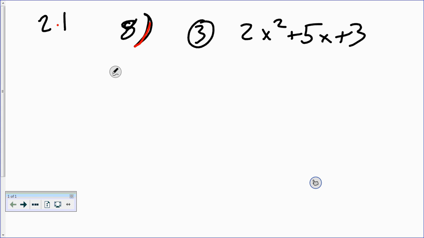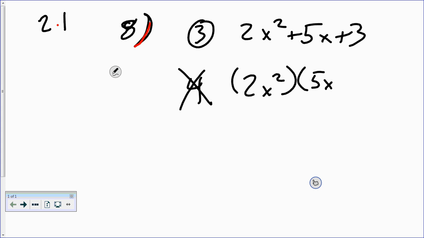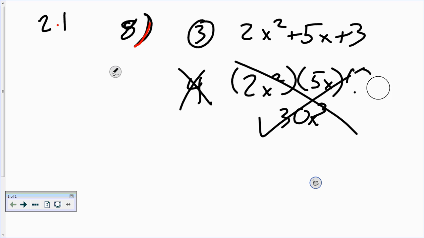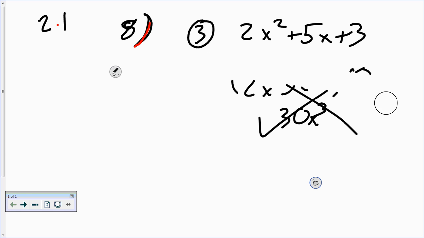The only other confusing answer, which is not 4, is this one: 2x squared times 5x times 3. This is not a trinomial, because we can just multiply straight across. 2x squared times 5x is going to be 10x to the third, and that's going to be 30x to the third. This is a monomial, so it is not a trinomial. Don't get fooled by those shenanigans.